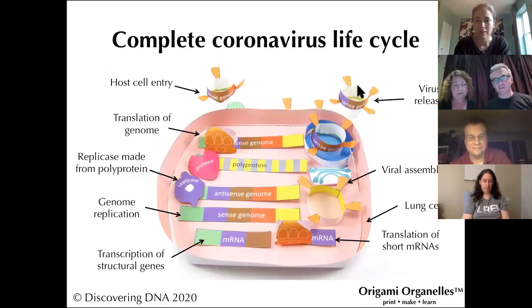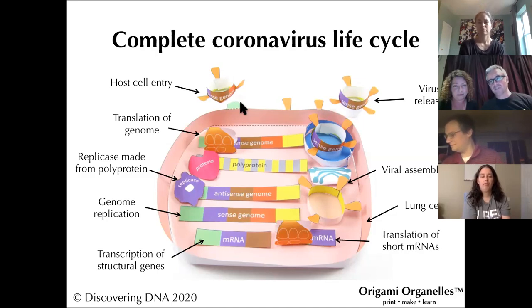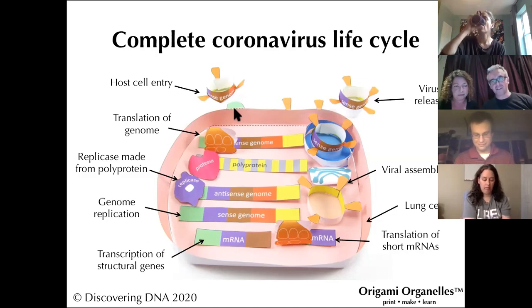I can talk through it in more detail if you like. So the virus attaches itself to a particular receptor on the membrane of the host cell, and this is why it targets particular cells. The lung cells have this receptor expressed on the outside of them, and through that receptor, they're able to introduce the RNA genome into the host cell.